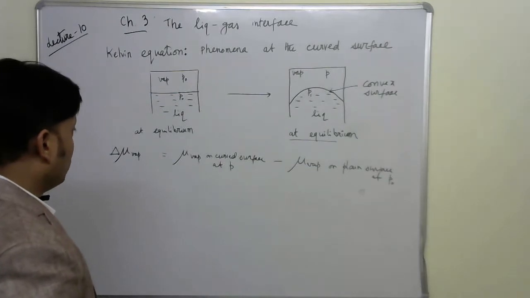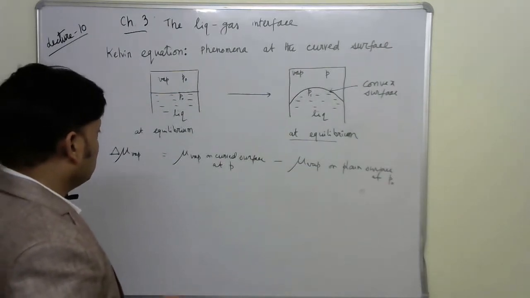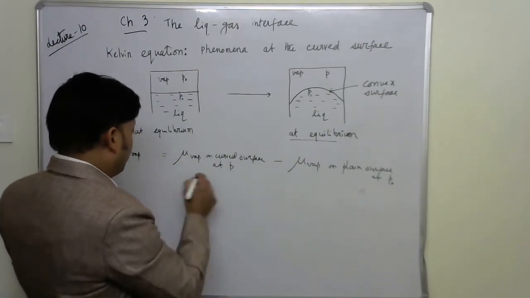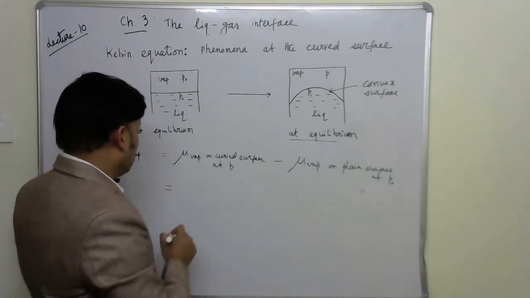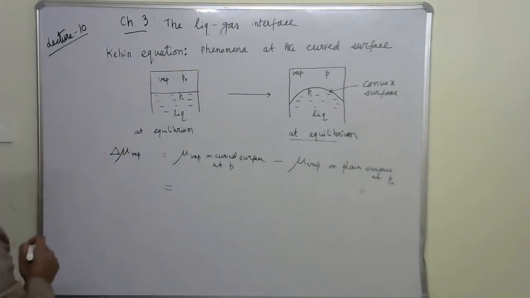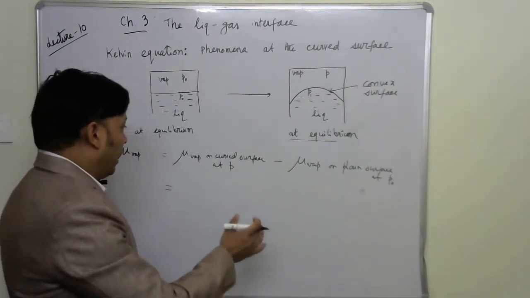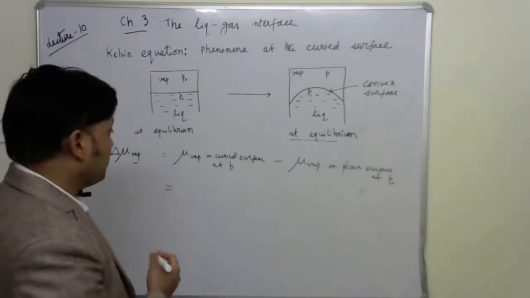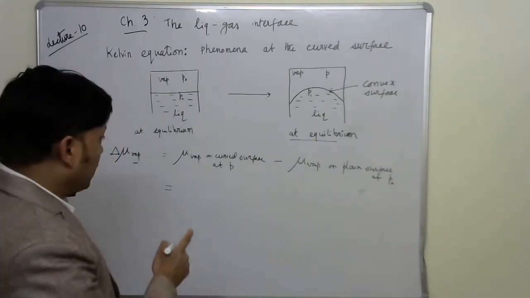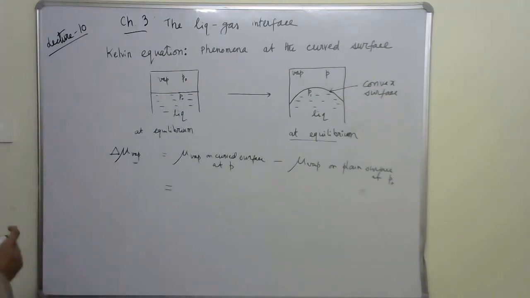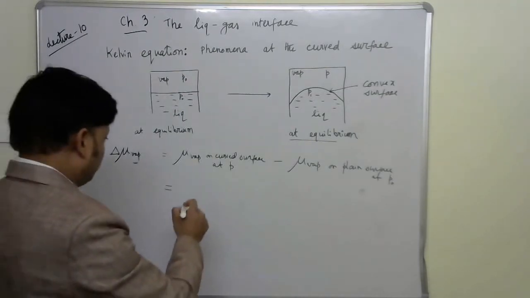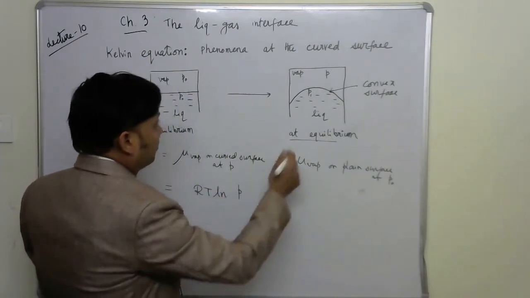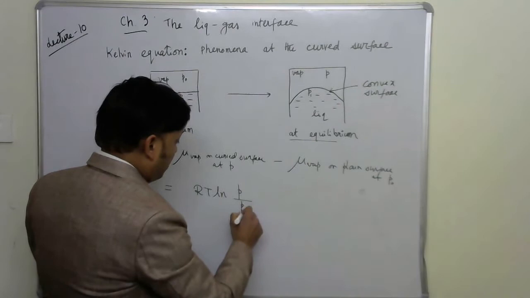Now how can we relate these two? If this is a finite change, and we can assume that this vapor behaves ideally, that's an assumption, then we can straight away write that this change is equal to RT ln P, which is the final, divided by P0.